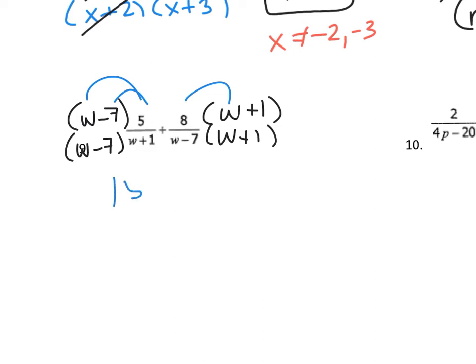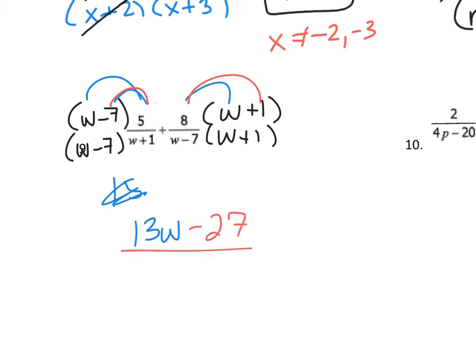So that's going to be 13w. And let's look at my constants. I have negative 35 plus 8, so negative 35 plus 8 is negative 27. Over my denominator, which is going to be w minus 7, w plus 1.